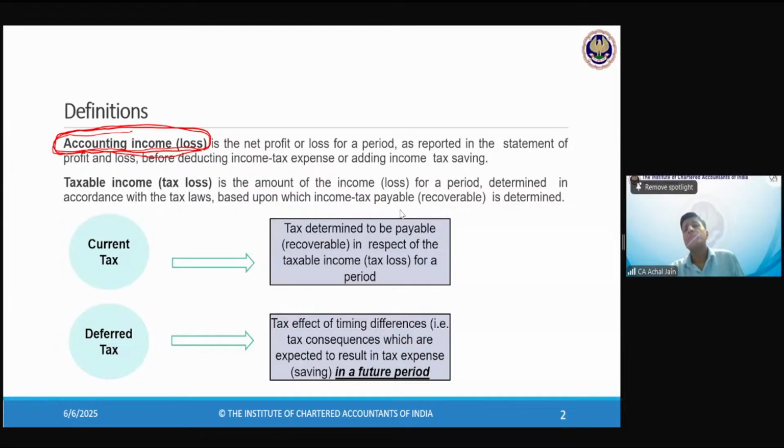Now, under income tax, the income that you consider for computation of tax, can we say that it is always the same amount which you have in the P&L? Now, this is very, very important.